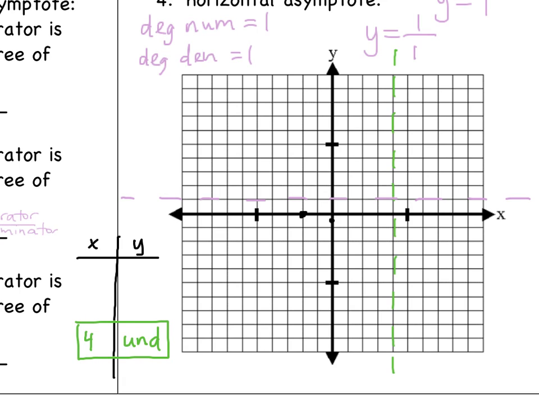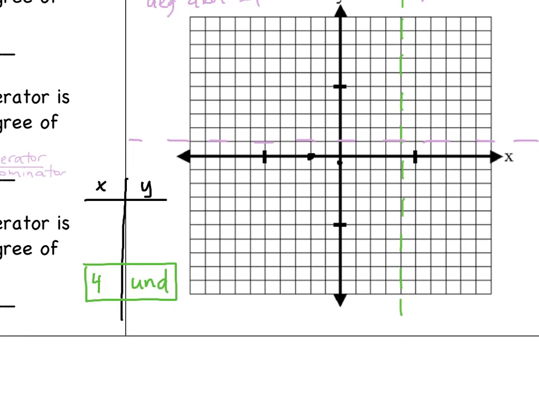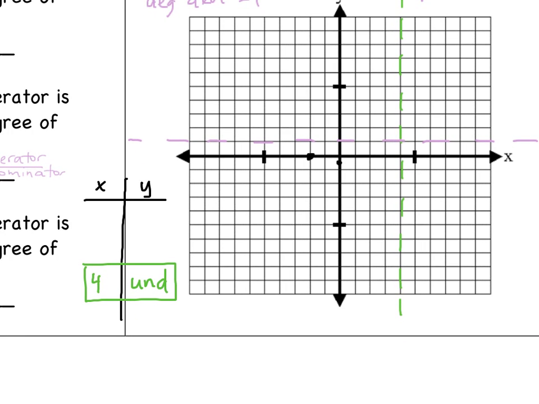And we need 2 points per branch. The nice thing is we already have 2 points in the branch over here, so we can include those in our table. We already have -2, 0. I'll put that here. And 0, -1/2. I can always include more.